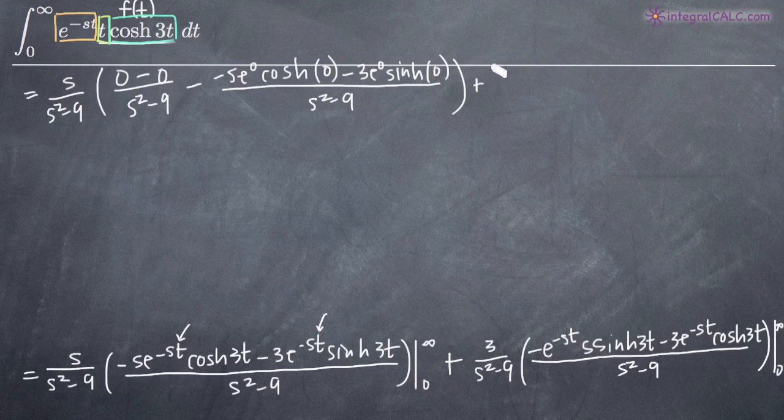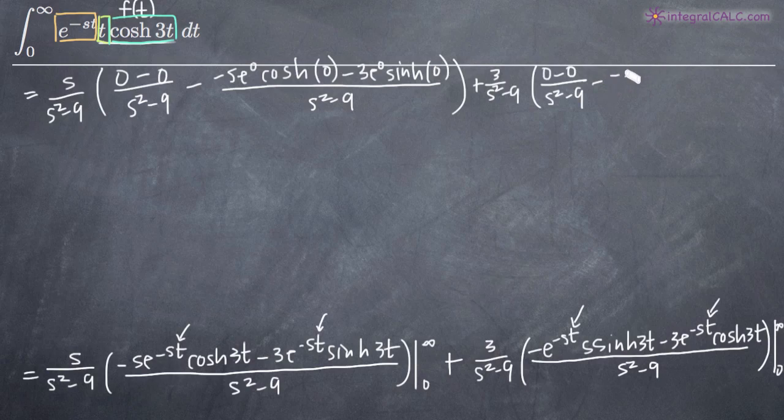For our second fraction, we'll get 3 over s squared minus 9 times, when we plug in infinity for t, we'll get e to the negative infinity for this term, which is going to give us 0. So again, that whole first term is 0. Minus, again, here, 0, so minus 0 over s squared minus 9, minus whatever we get when we plug in 0.